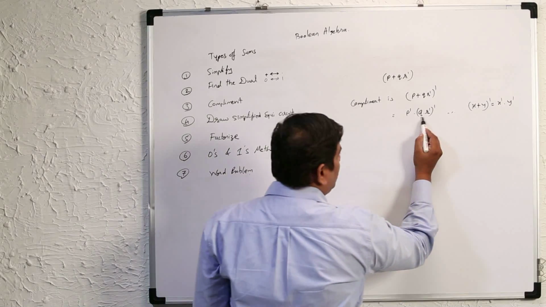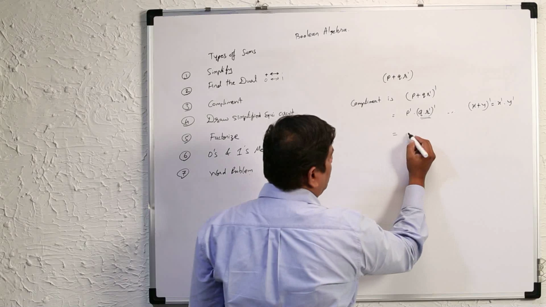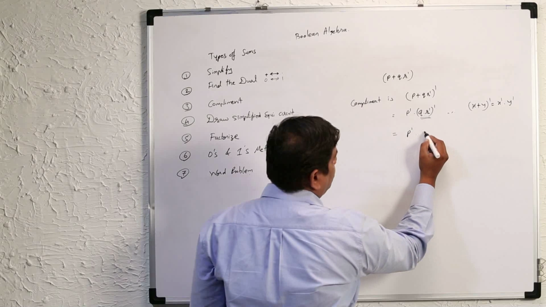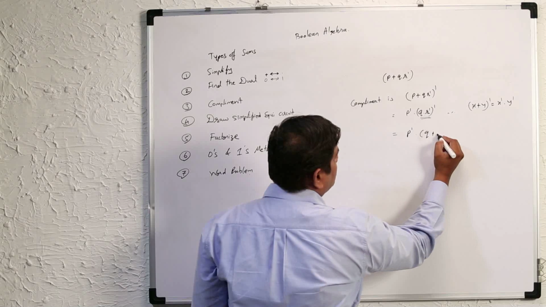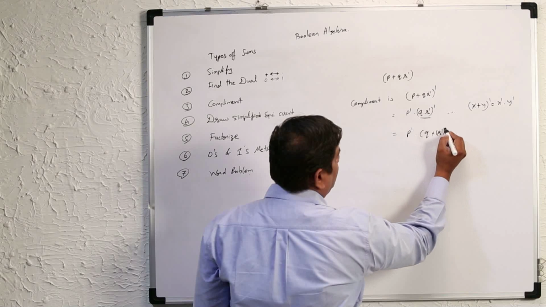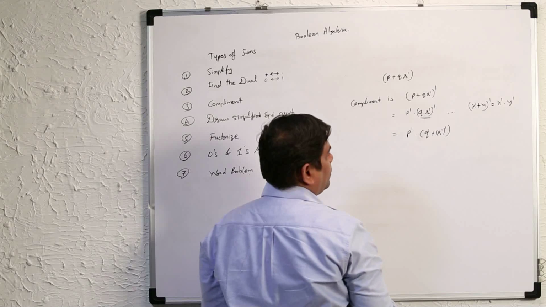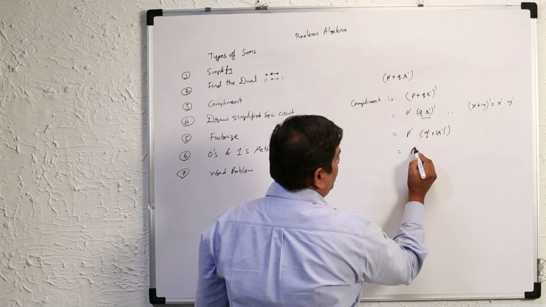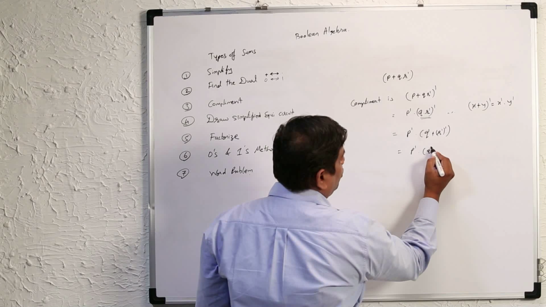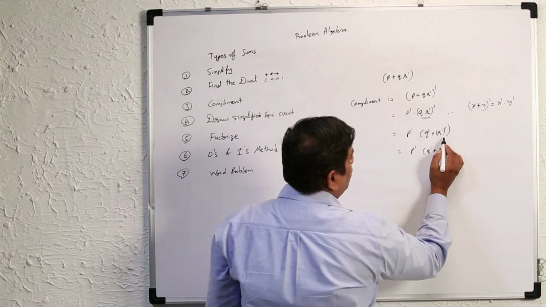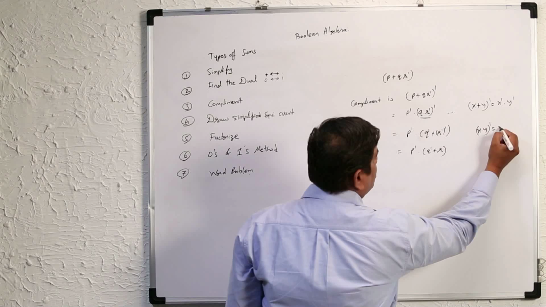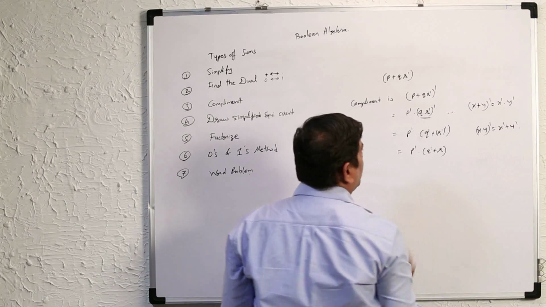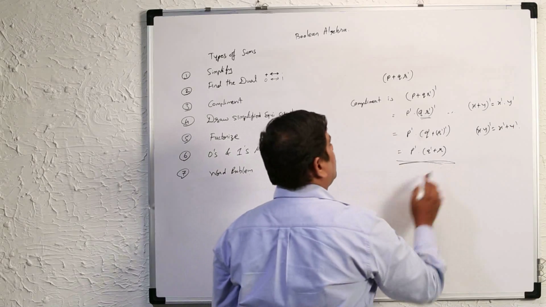Now you can use De Morgan's law again here and simplify this further as P dash dot Q dash plus R. Here we have used the property x dot y the whole dash is x dash plus y dash. Okay, so that's the final answer.